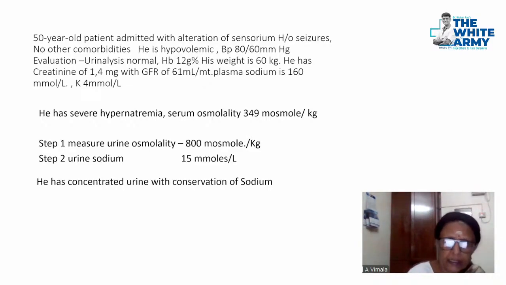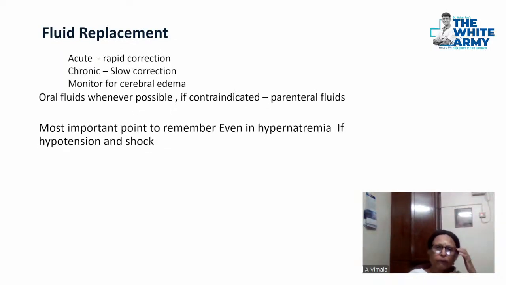So how do you correct? For fluid replacement, we said acute should be rapid, chronic should be slow. When we correct acutely, you have to monitor for cerebral edema. Oral fluids whenever possible. If oral fluids are contraindicated or tube feeding is not possible, parenteral fluids can be given.